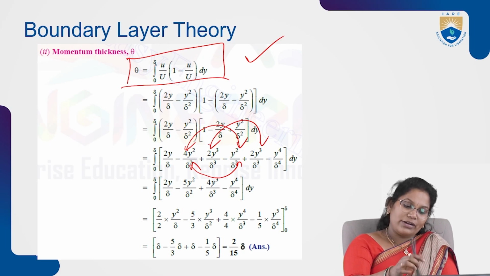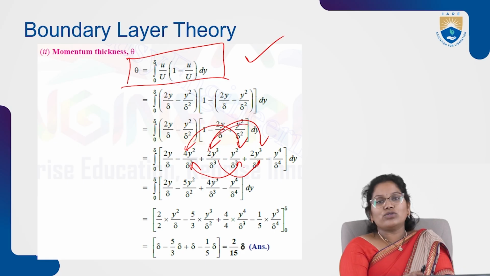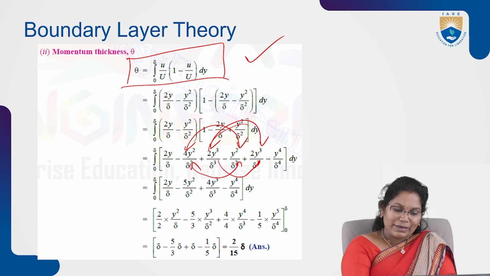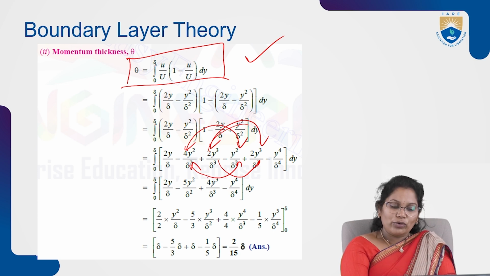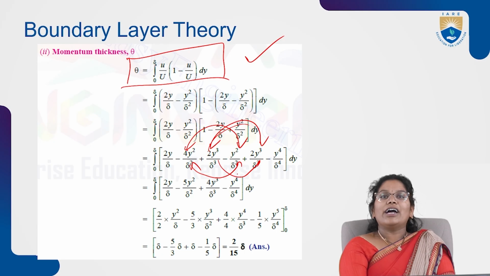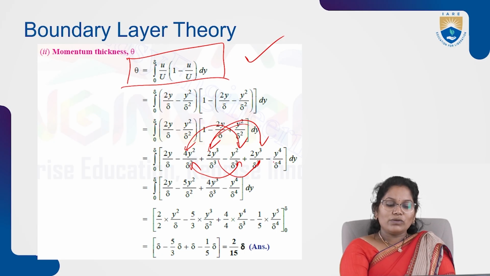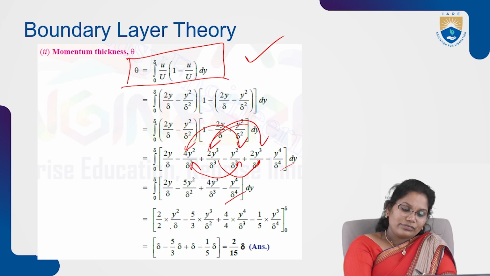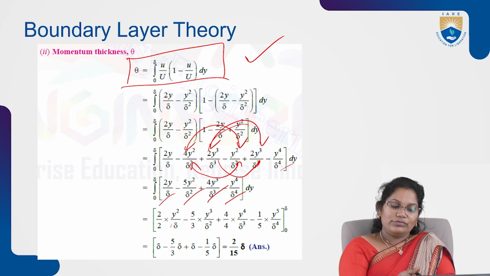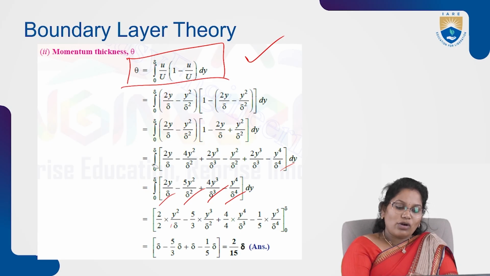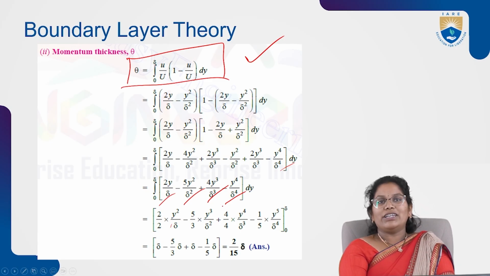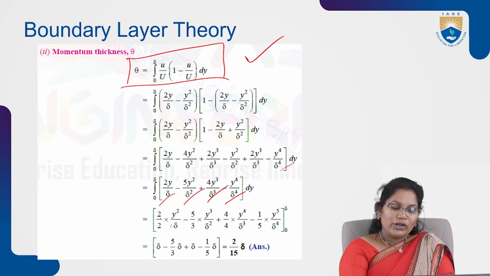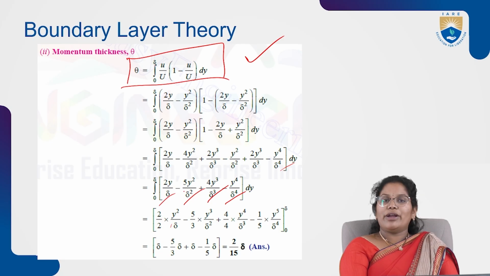This term is completed. Now the second term: 2y cube by delta cube plus 2y cube by delta cube, so plus into plus is plus, 2 into 2 is 4, y cube by delta cube. Then minus y to the power of 4 by delta to the power of 4 is as it is. This is what you got. After getting these, you have to integrate each and every term. So 2 by delta into y square by 2.